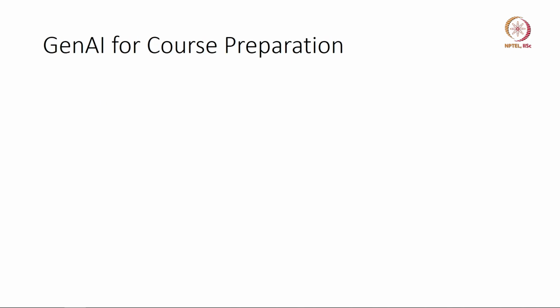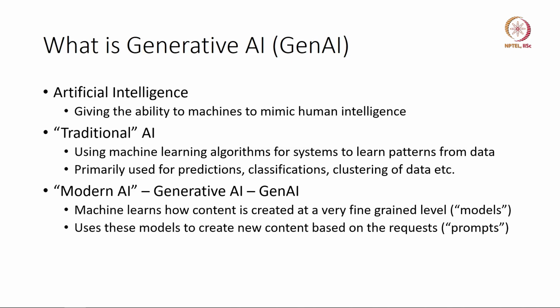Now, what makes Gen AI so exciting? The technology is rapidly growing and improving, and the initial versions of Gen AI focused on generating text. You could give it a big 100-page book or an article and ask it to summarize it for you, and it will generate the text summary.